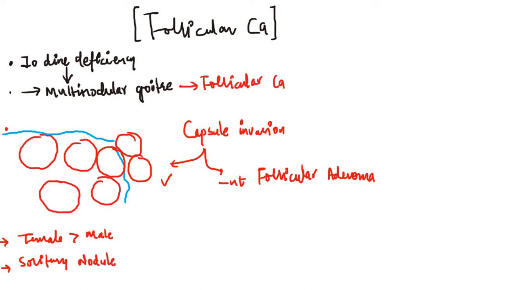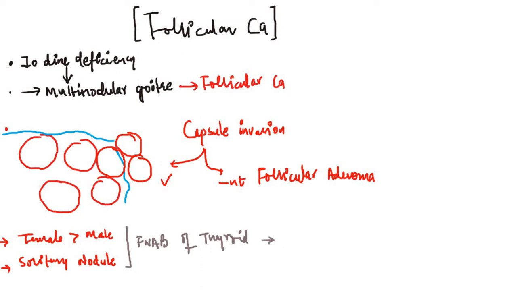Now what is the next best step in the management of this case? As you encounter a patient with this feature, you will order a biopsy or fine needle aspiration biopsy of thyroid gland. So in the biopsy sample, you will look for whether the lesion is papillary or it is follicular.